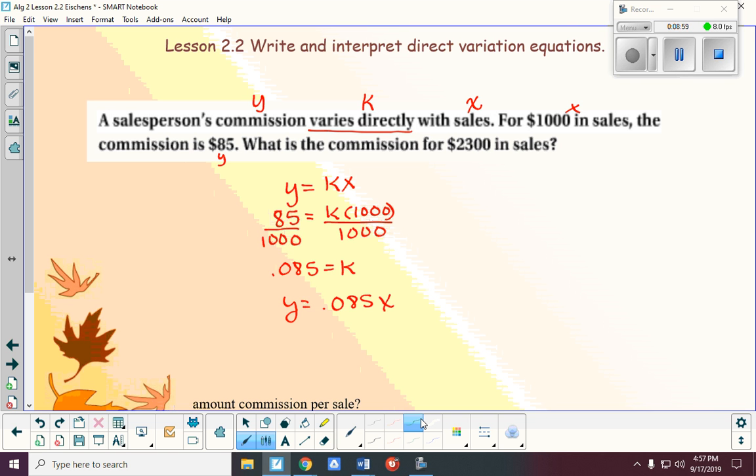So then it says, what is the commission for $2,300 in sales? Sales is x, so that will go in for the x. And we get $195.50.